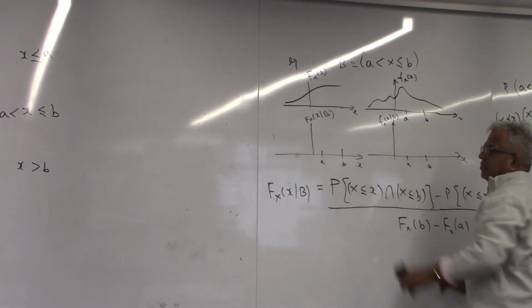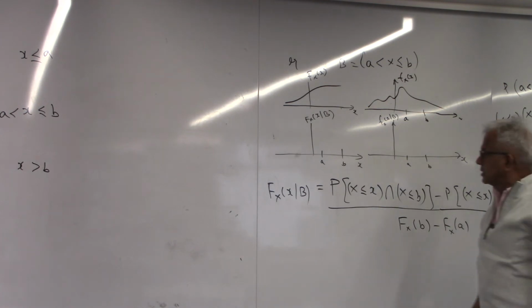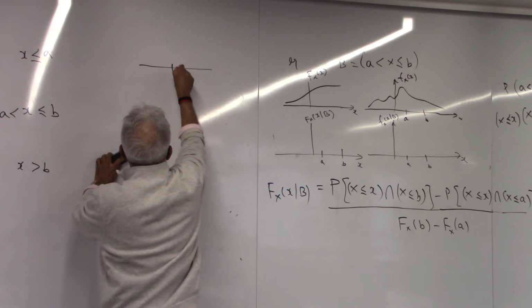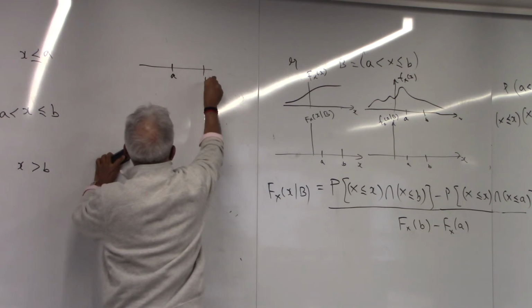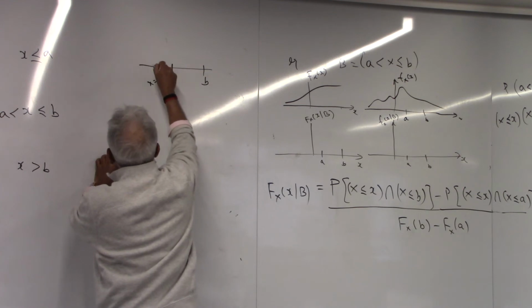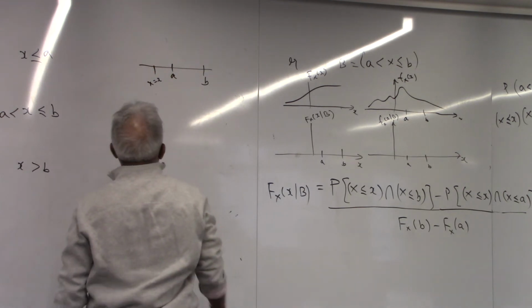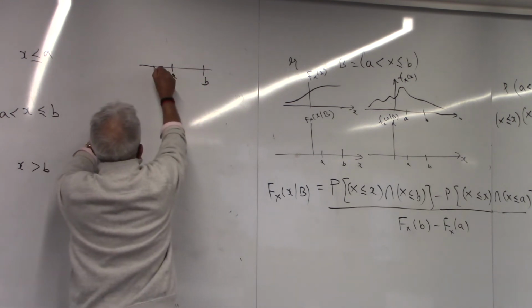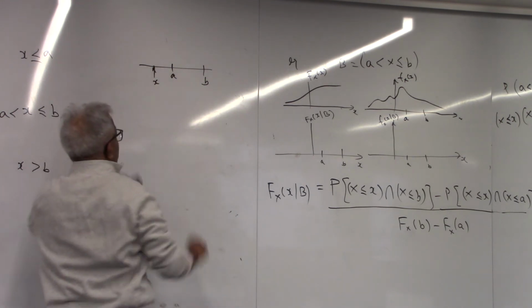But as a function, we need to draw for all values of x. So this is the case where you have a here, b here. The variable x is less than a, so variable x is somewhere here.